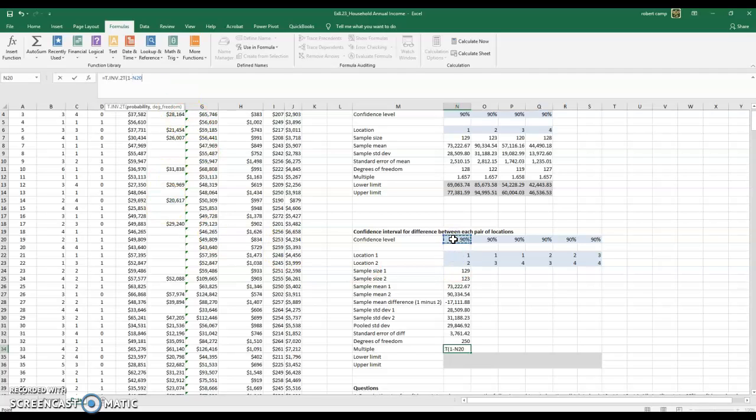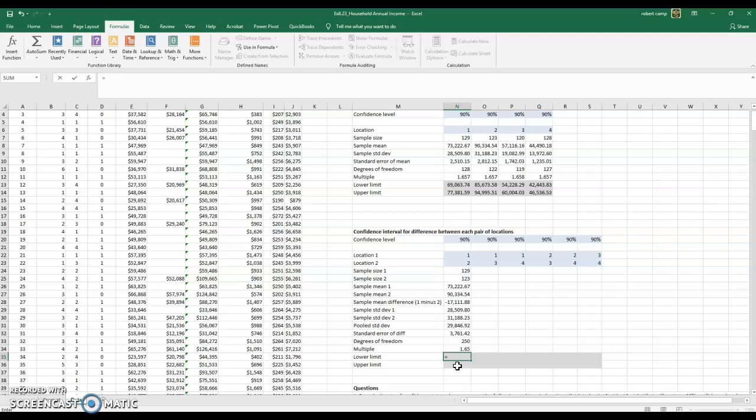That gives me a 10% alpha. And then I need my degrees of freedom, which is 250. We finish that up and we get a T value of 1.65.